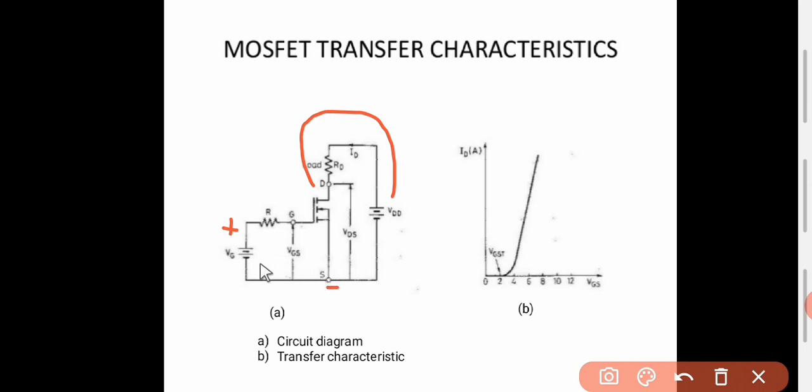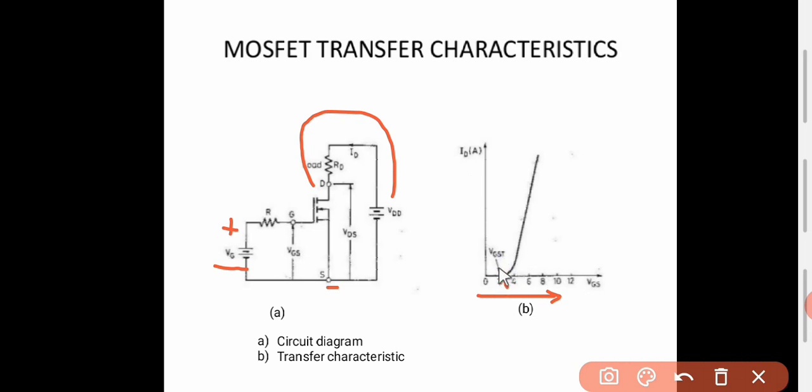If we do not apply gate voltage VGS, the device is in the turn off condition, so no drain current will flow. As we increase the VGS voltage from 0 to a positive value, at some voltage level the drain current starts to flow. This voltage level is this point.